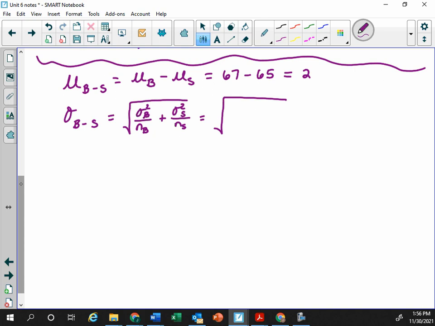So what was the sigma for both groups? Yeah, both 3. What was the sample size for the basketball players? Good, and then 3 squared over sample size for swimmers? 15. All right, so get out your calculators, guys. What does this come out to? 1.22, good.